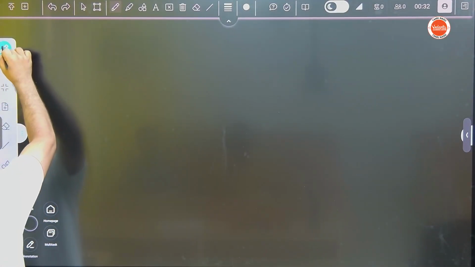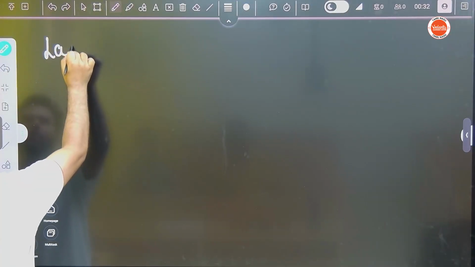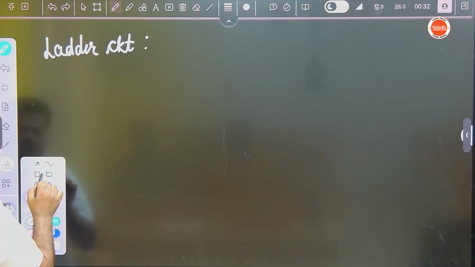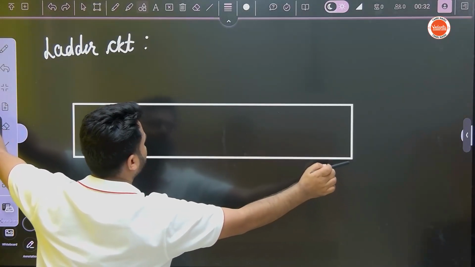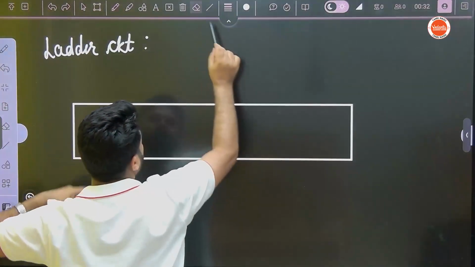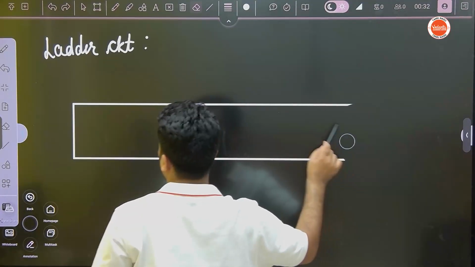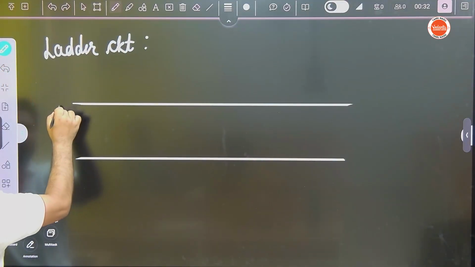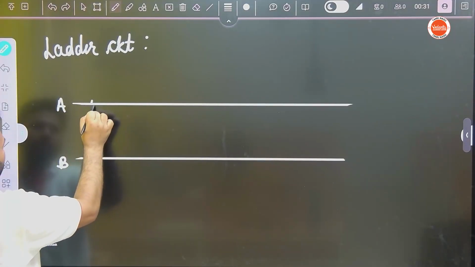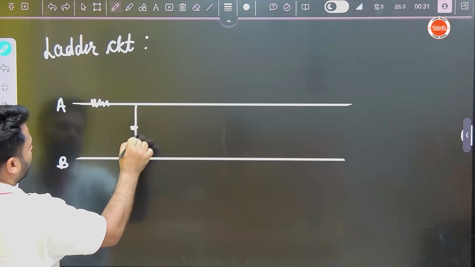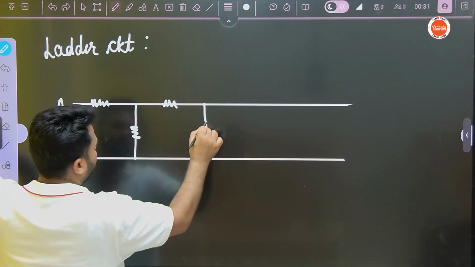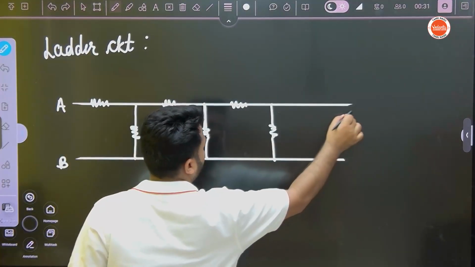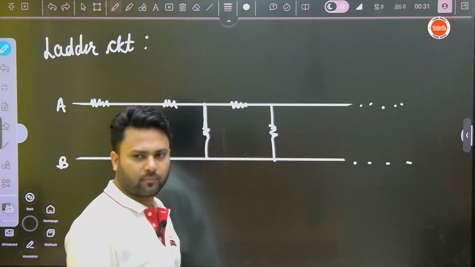Next we have ladder circuit. Sometimes they ask ladder circuit. So there will be an infinite ladder like this. This is A, this is B. Okay.